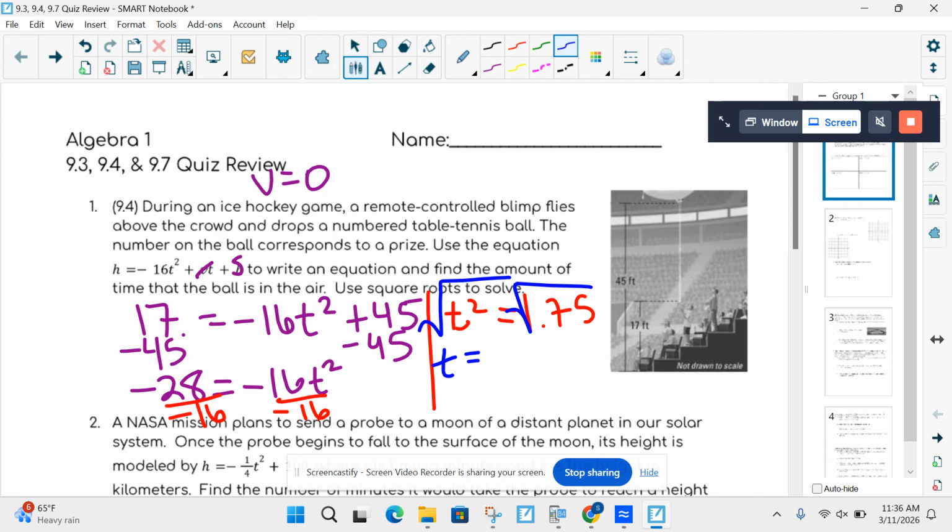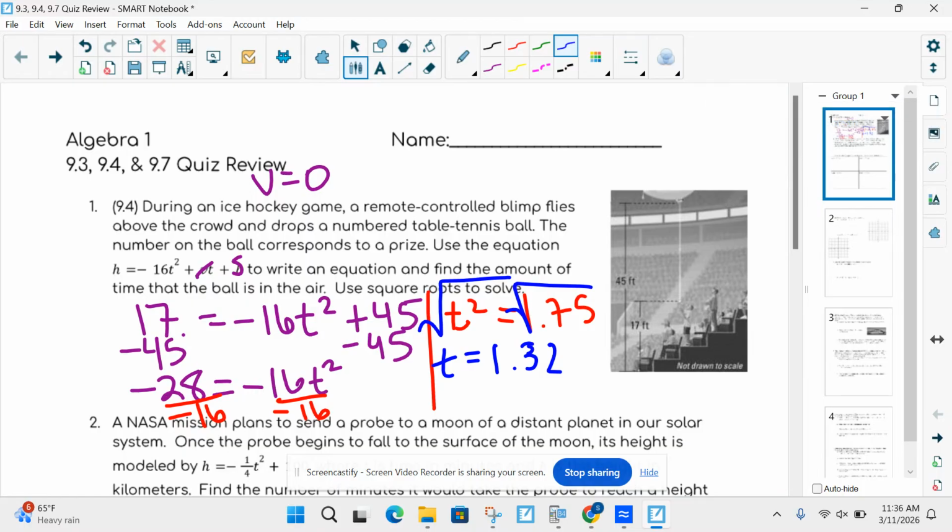Raghav? 0.66. You sure about that? 1.32. Yeah, it's 1.32. That is the answer. What did you do? You take the square root of 1.75? We simplified 28 over 16.